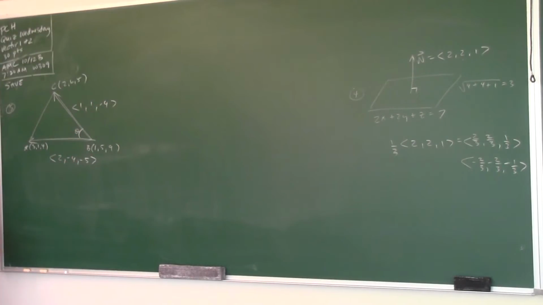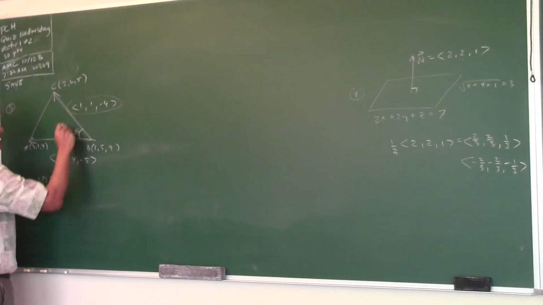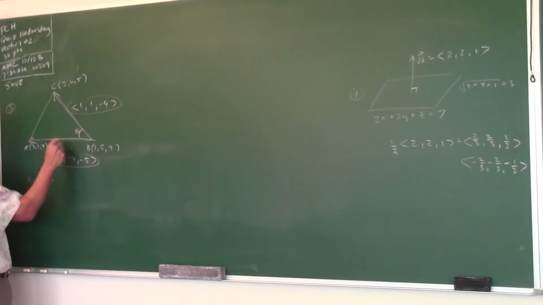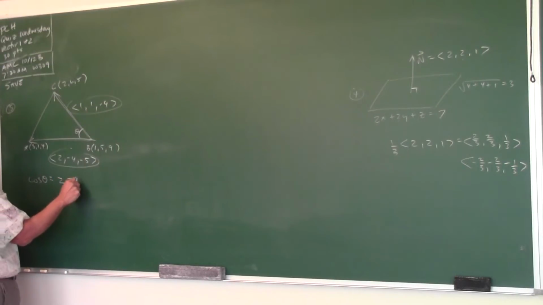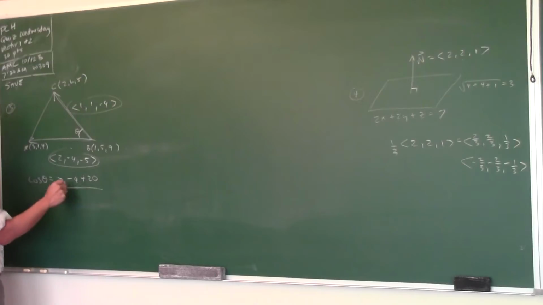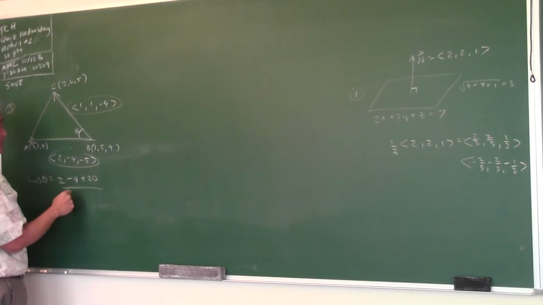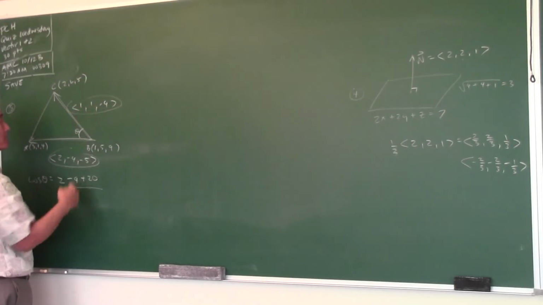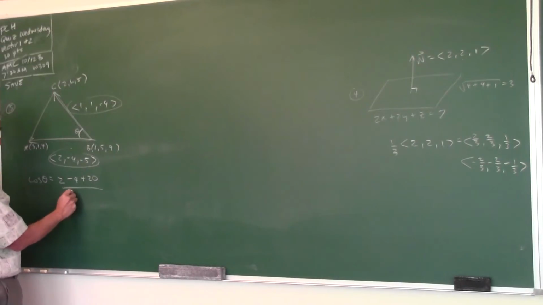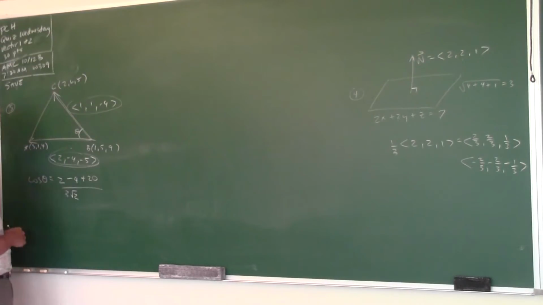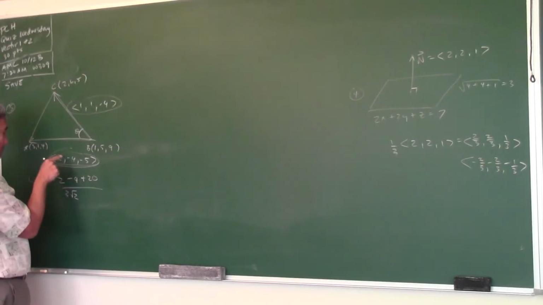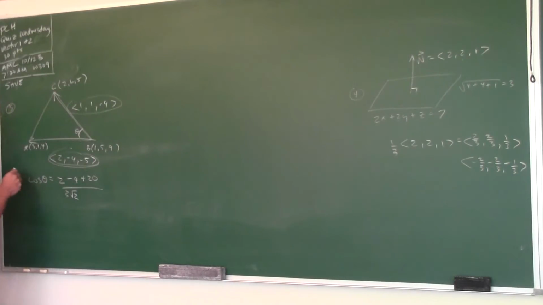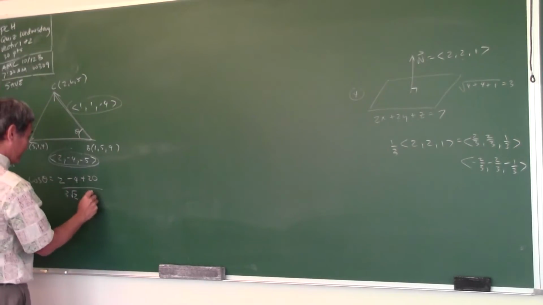Okay, so let's do the dot product. Cosine of the angle is equal to the dot product of these two vectors. That's going to be 2 minus 4 plus 20, all over the length of this vector, which is the square root of this squared plus this squared plus this squared. Was that root 18? 3 root 2? And then the length of that vector is the square root of 4 plus 16 plus 25, root 45. Isn't that 3 root 5?